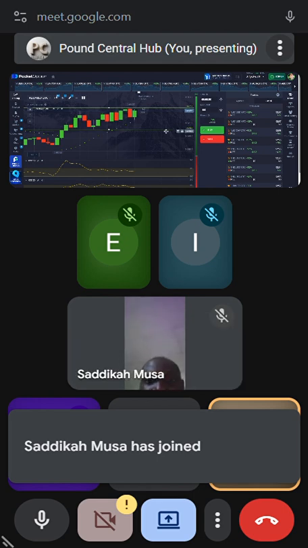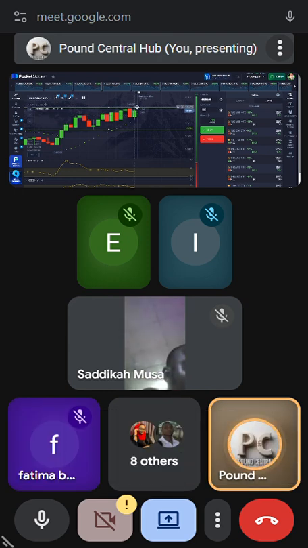So let's wait and see if this bullish candlestick is going to break this resistance level up here. All right, so let's be a little bit patient.